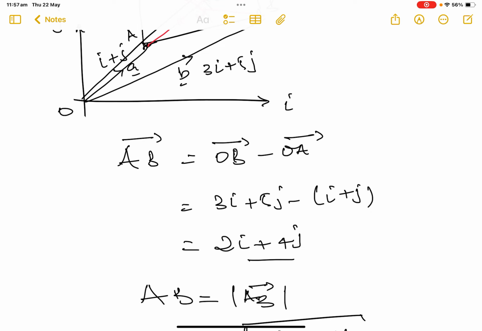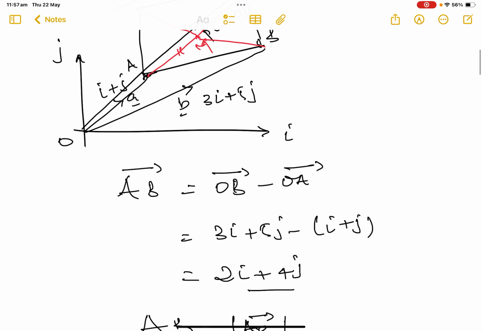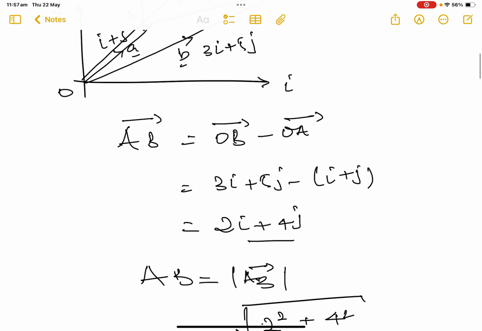Vector AB equals the position vector of B minus the position vector of A. So the position vector of the second letter minus the position vector of the first letter. That's how I normally do it. Or otherwise you can look at vector triangle OAB. From that triangle, OB minus OA is AB.